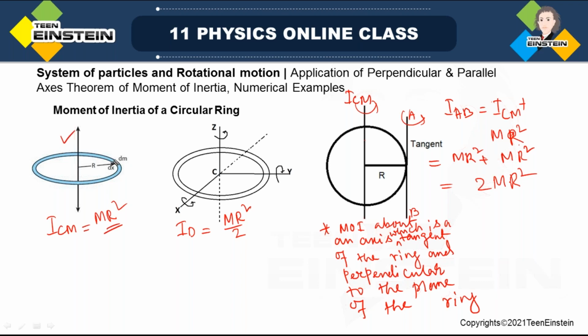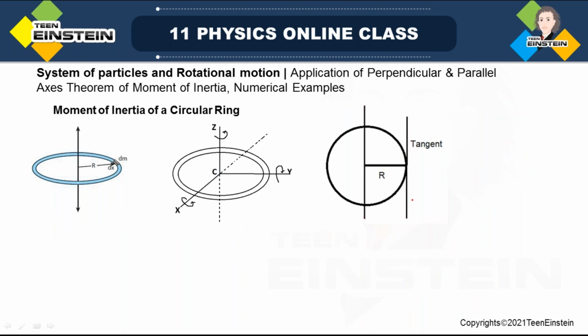Now I can take another tangent, which is actually perpendicular to the plane of the ring. Now I'll just consider this. This is the moment of inertia about this tangent which is perpendicular to the plane of the ring.